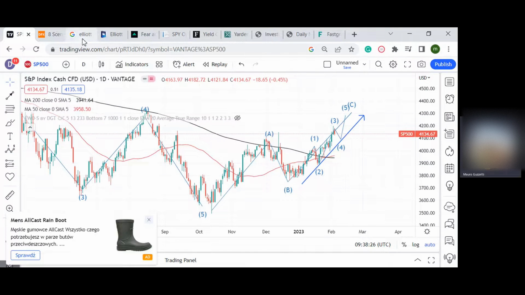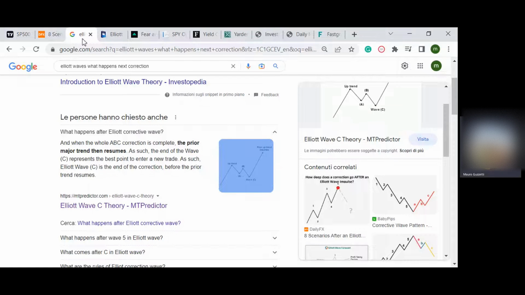But what is the bad news on the Elliott waves is that after the ABC correction is complete, the major trend then resumes.